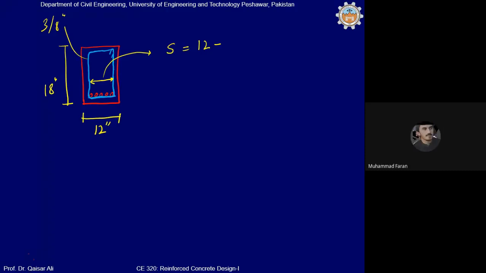So this will be equal to 12 minus 1.5 clear cover on one side, minus 1.5 clear cover on the other side, minus 3/8 inch diameter of one leg and minus 3/8 inch diameter of the other leg. So how much is it coming? It is coming 8.25 inches.